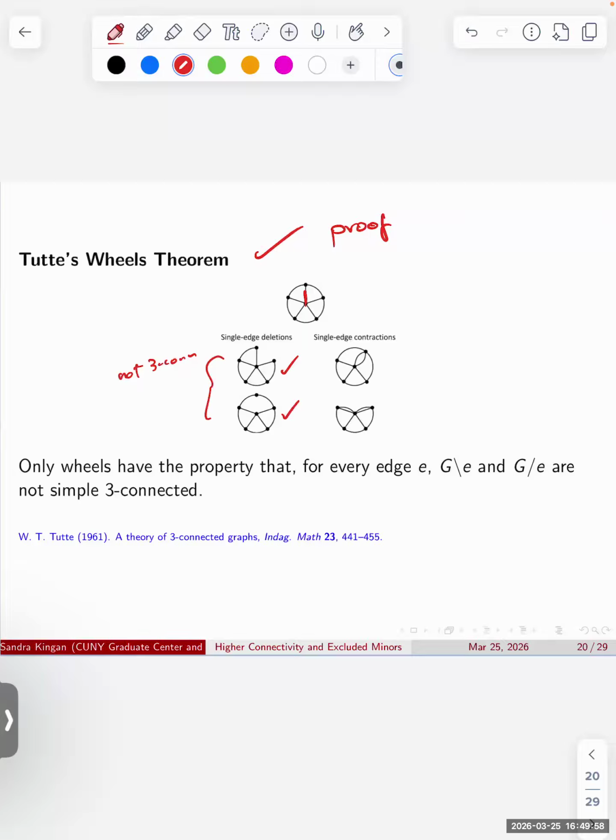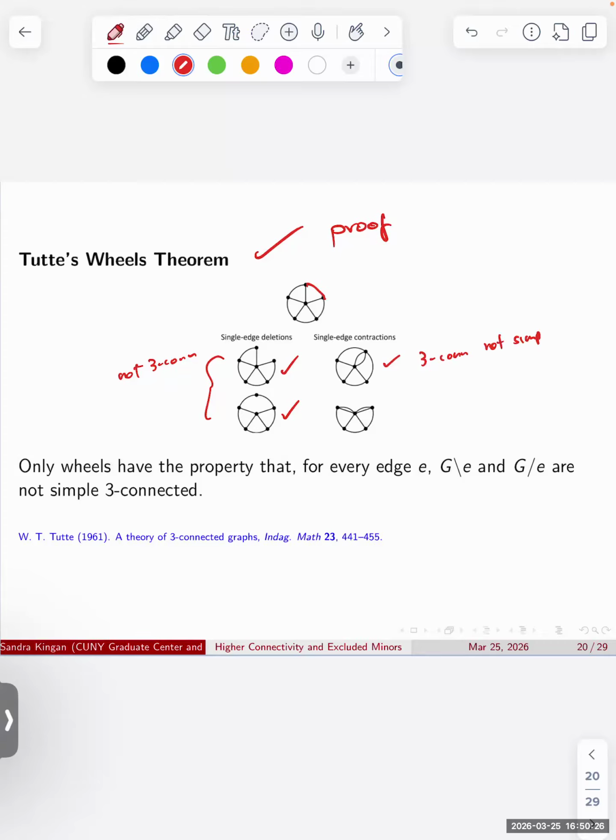And now let's look at a contraction. So you can contract a rim element edge. I do say elements. Sometimes I slip into Matroid language. So edges are the elements in the Matroid. So if I'm suddenly talking about elements, it's really edges that I'm talking about. And if you contract this edge, you get this graph, which is 3-connected by definition, but not simple.